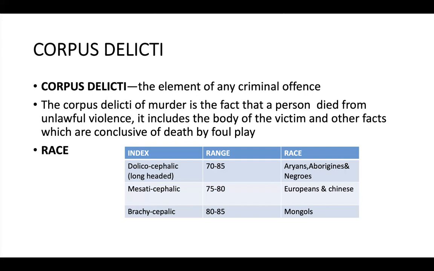The races coming under dolichocephalic are Aryans, Aborigines, and Negroes. Mesocephalic range is 75 to 80; the Europeans and Chinese come under that group. Brachycephalic means 80 to 85 percent. The race coming under it is Mongolians.